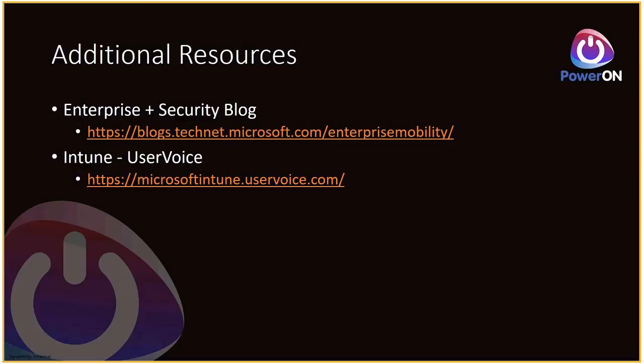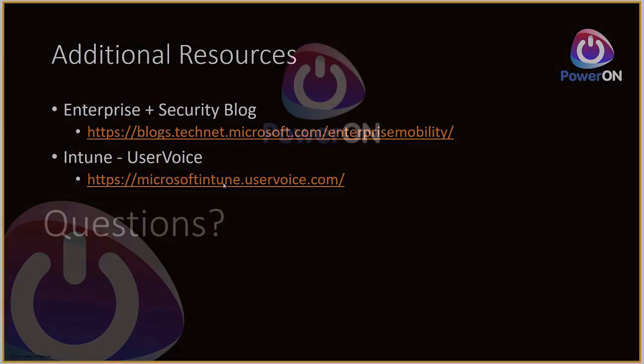So if you are looking to get involved with EMS, it's definitely a good blog to follow. And then the UserVoice. Specifically around the Intune side, if there is a feature which you think a lot of other customers would be interested in, but it hasn't yet been implemented, you can go to this website and suggest features to be implemented.